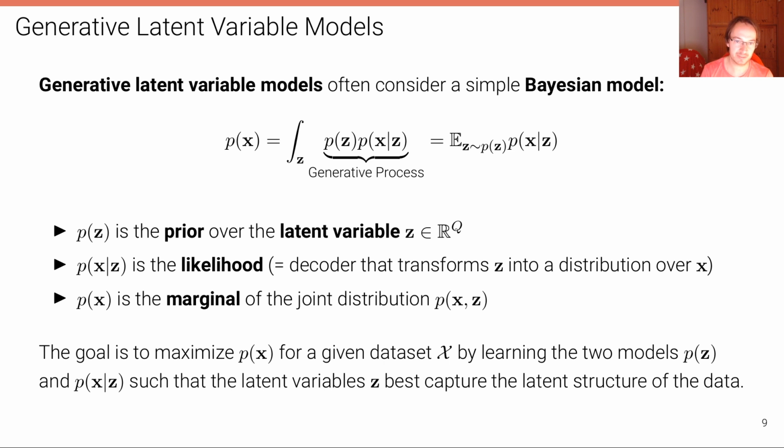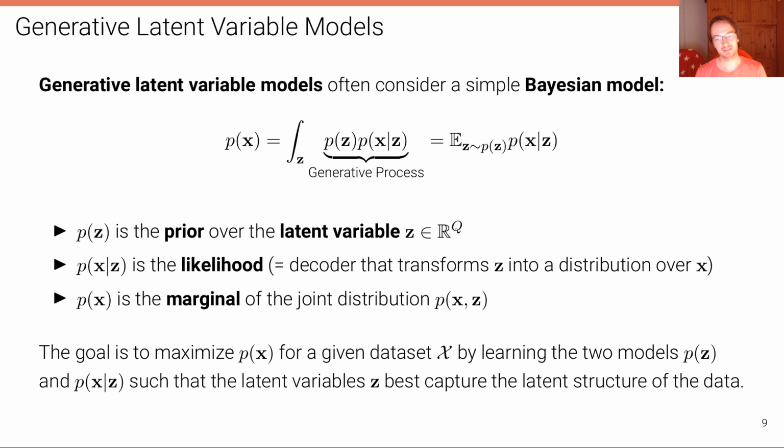We can first sample the latent code, and then given the latent code, we can sample a data point. Now, multiplying these two together, we have the joint distribution, P of x comma C. And if we now marginalize C, then we obtain the marginal distribution P of x, right? In other words, we can also write this as the expectation of P of x given C when we take samples C from the prior over C. It's just another way of writing this.